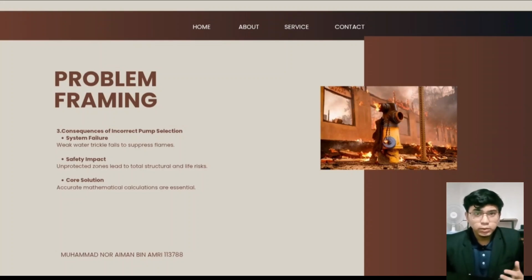This technical failure completely destroys the system's ability to control the fire at an early stage. Consequently, this leaves critical zones unprotected, leading to catastrophic structural damage and an extreme risk to human life. Therefore, to eliminate these engineering risks, precise hydraulic calculations are an absolute necessity.